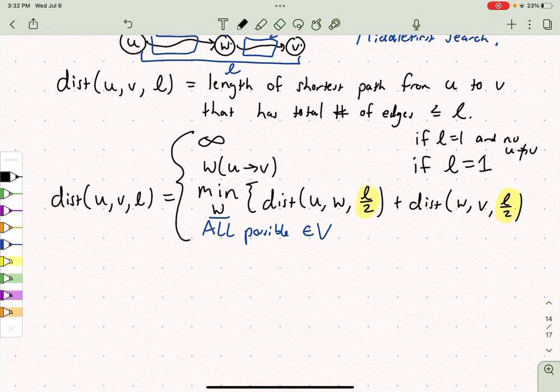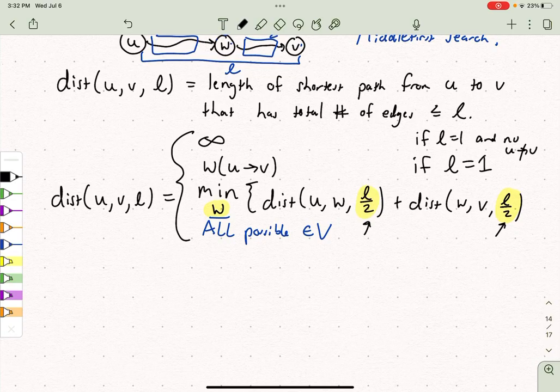All right, so now that we have our recurrence, we need to figure out the dependencies and evaluation order. Obviously we have dependencies on smaller values of L. We have dependencies on all possible w, so the order there doesn't really matter. So ultimately, what would a good evaluation order be?